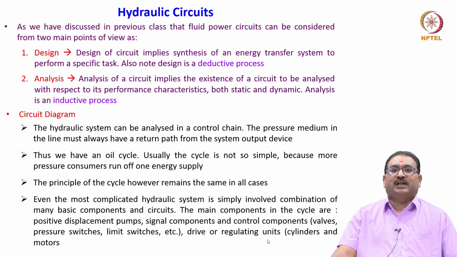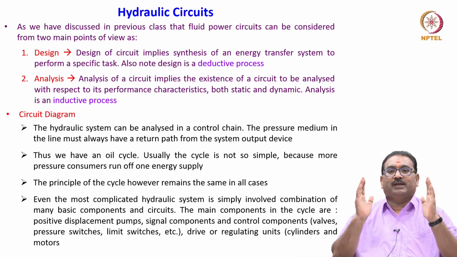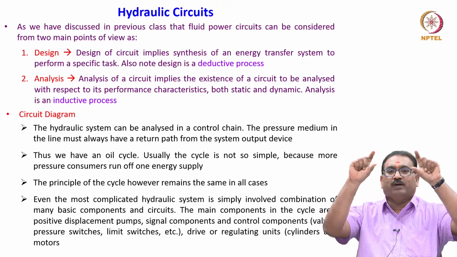Already we have seen in the last class, based on the task, whether the work has been done through the cylinders or a motor, our selection of the component takes place. In the last class, you saw the power pack, how we select it based on the output requirement.